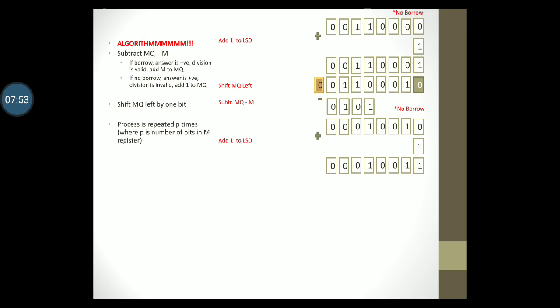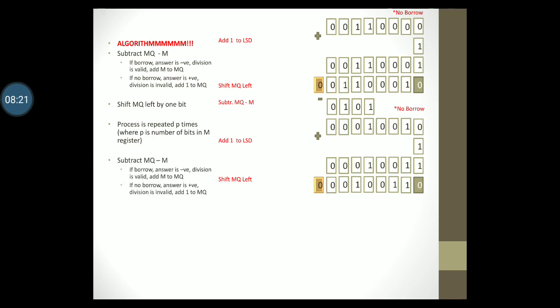Step 2 of the algorithm now tells us to shift MQ left by 1 bit. It looks like this. Since we have shifted 1 bit out, another bit has to enter from the right side. That bit is 0. This completes the number of times we need to repeat this process. We are now ready for the next step in the algorithm.